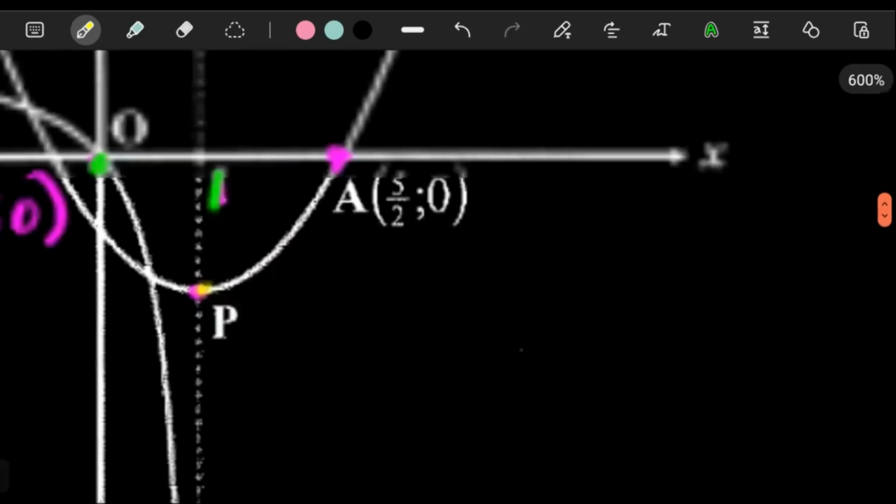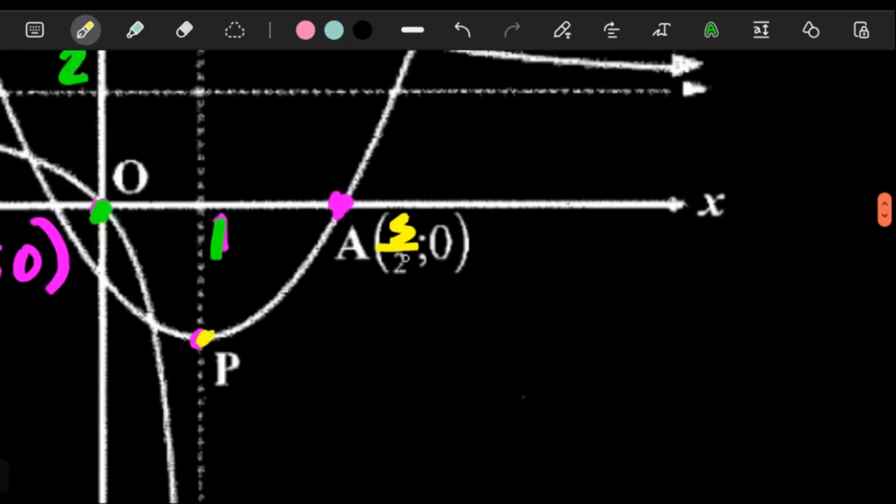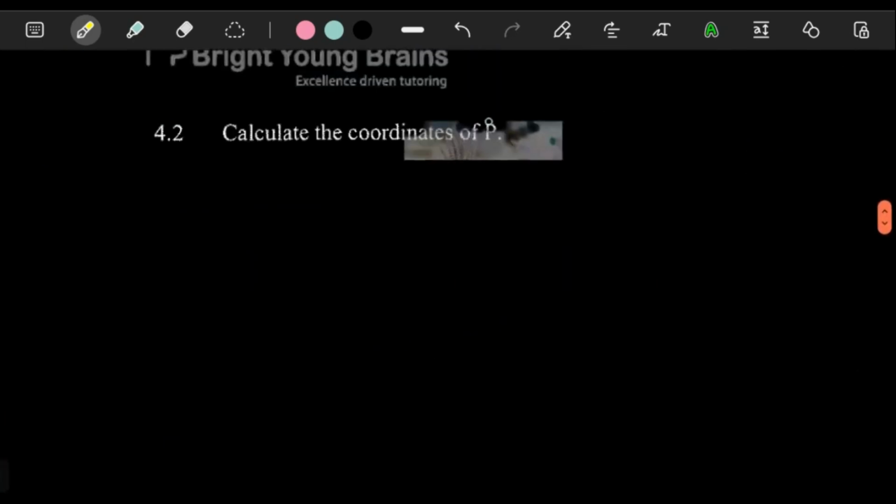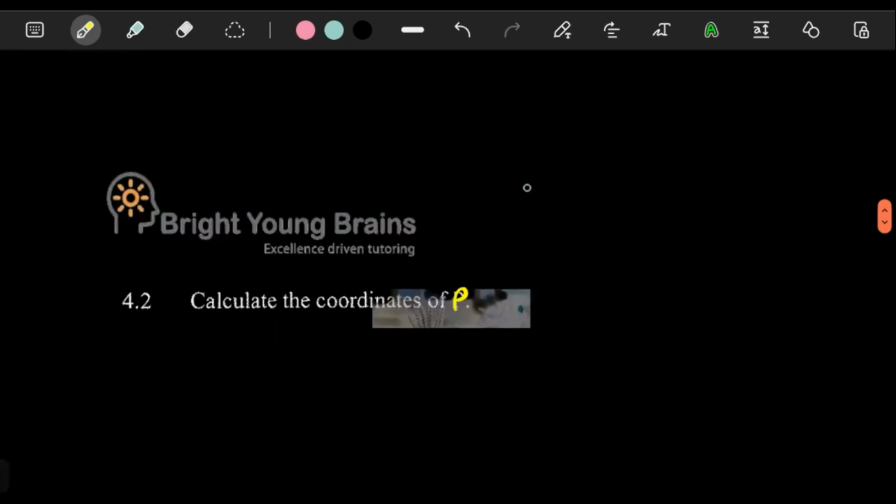We have more than enough information to get P, because we have Q already. I mean, we have P, which is just the -1. So getting Q is what we're being asked. Right? We're getting the coordinates of P. The confusion here is the coordinate name is P, but I'm referring to this.